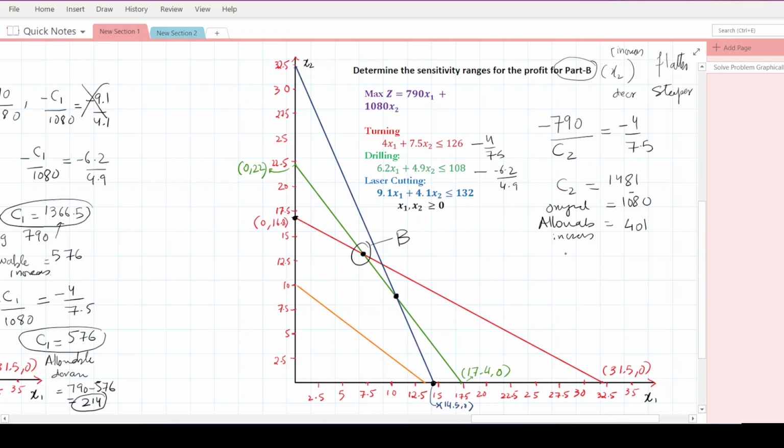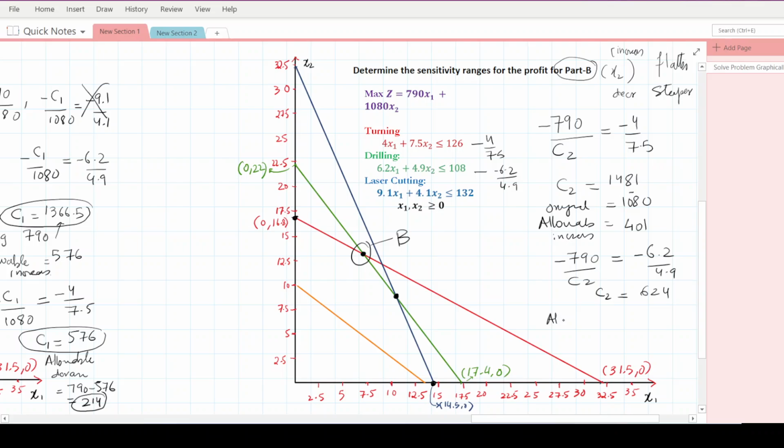And then we'll find the minimum value of the coefficient of x2, or the minimum profit for the part B, and that would be again -790 divided by C2 equal to the slope of the steeper constraint, because it is vice versa as compared to x1. So the steeper constraint here is the drilling, and its slope is -6.2 divided by 4.9. We will find C2 as equal to 624, and the original value was 1080.